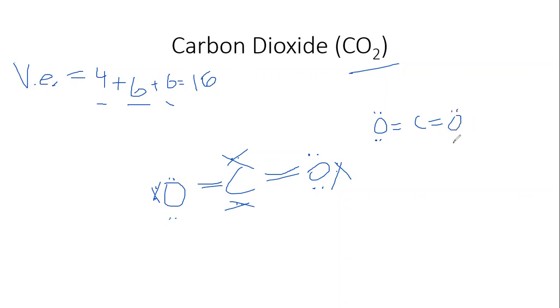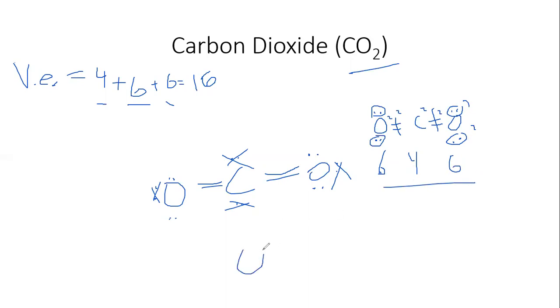So this is your Lewis dot structure, and you can check if it is correct by counting the total number of valence electrons. For oxygen, you have 2, 4, and then the bond is being split, so you have 2 over here from that. So you have 6 total. That's how you know it's correct.